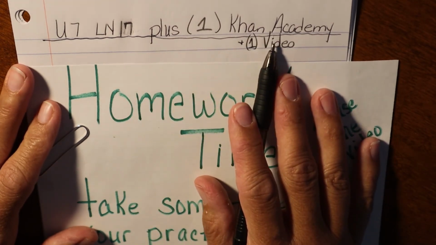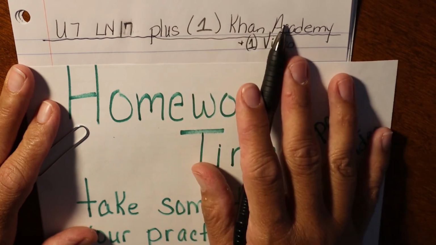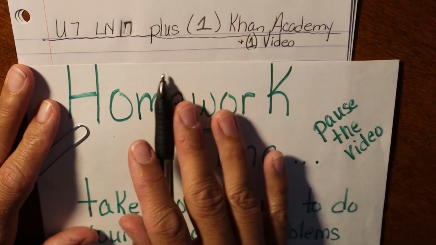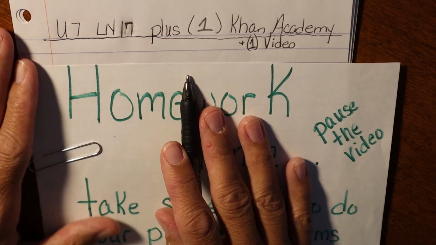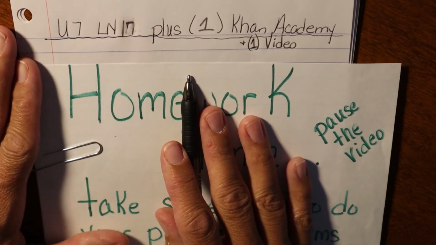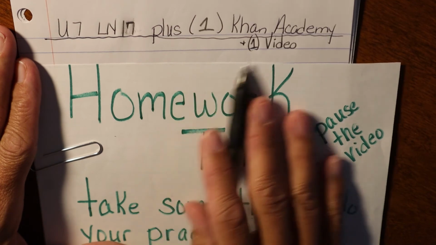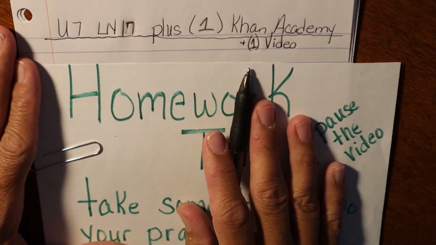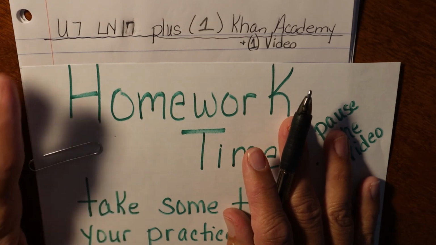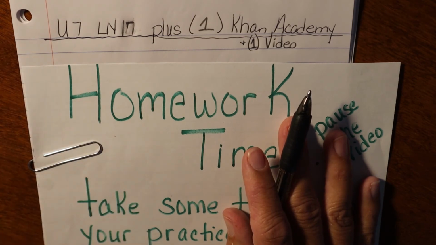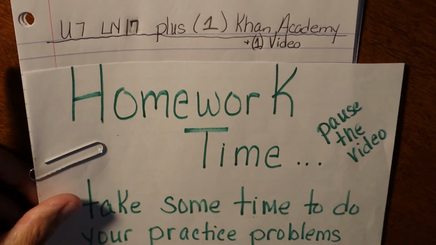Remember, we always watch the videos first, guys, and then 1 Khan Academy assignment. The homework practice problems, you're actually just on your honor. Obviously, we're not meeting again, so I'm not going to be able to check your homework. But doing your homework will let you be successful with the Khan Academy and then the upcoming quizzes and tests. So please don't forget to do your homework. There are only 5 problems tonight. All right, so pause the video. We'll be right back.